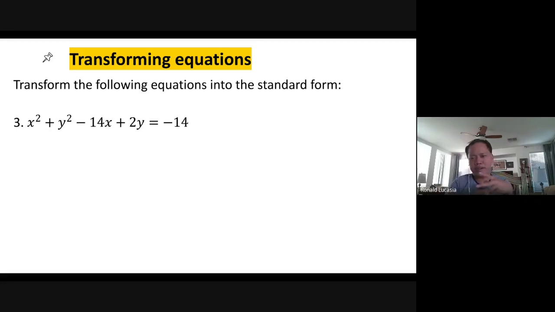Please type your center and radius in the chat box.